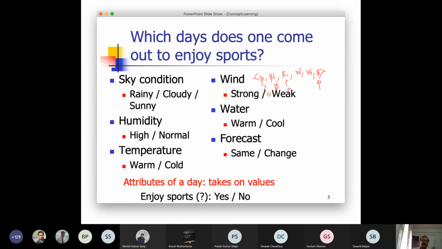That is not allowed. So I cannot write S or R or C in the attribute value. I can have either all of them, don't care, meaning any of them will be accepted for the truth value, or only one of them, not any combination of them. So that is a constraint imposed while expressing this conjunctive normal form.